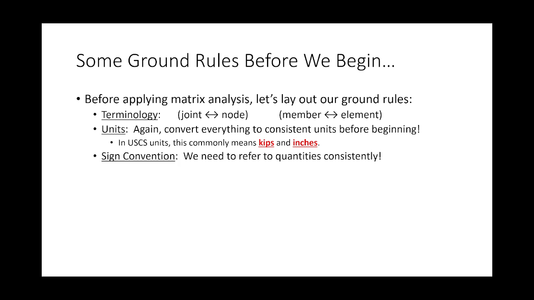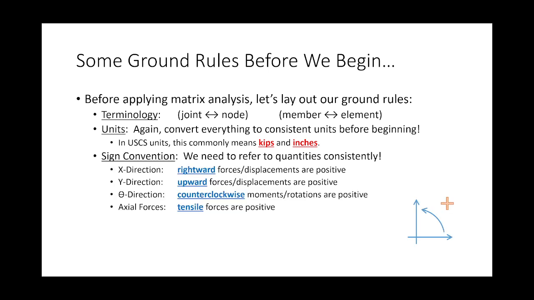All right, sign convention. We're writing a bunch of equations in matrix fashion, and so in order to do that, we have to refer to our quantities consistently. So what we do here in most structural analysis routines is we say that for the x direction, forces and displacements to the right are positive. For the y direction, forces and displacements upward are positive.